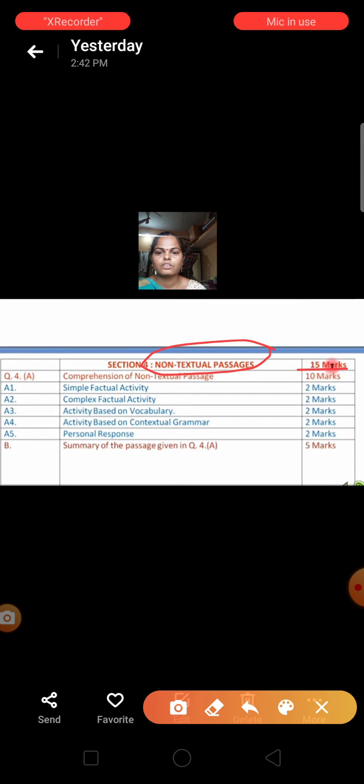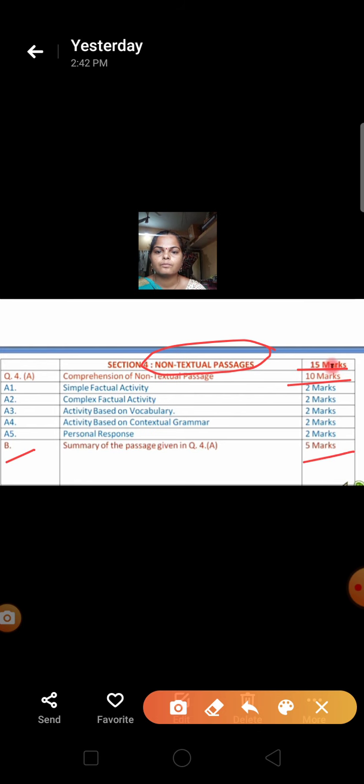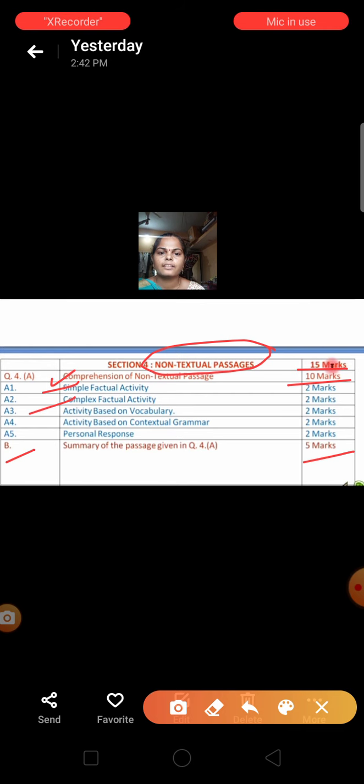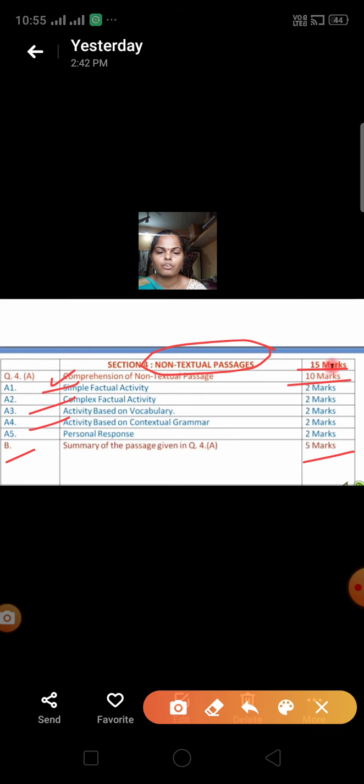Understood? See, question number 4A is for 10 marks and question number 4B is for 5 marks. So first see, comprehension of non-textual passage, it is for 10 marks. So in it, simple factual activity 2 marks, complex factual activity 2 marks, activity based on vocabulary 2 marks, activity based on contextual grammar 2 marks, personal response 2 marks.